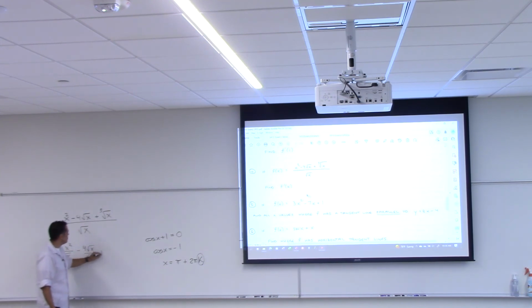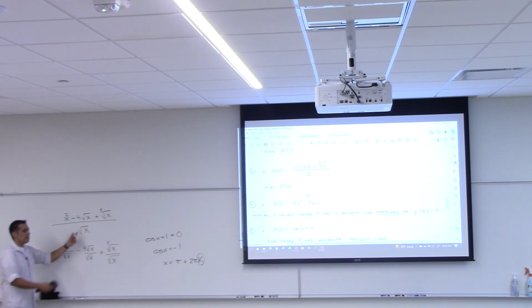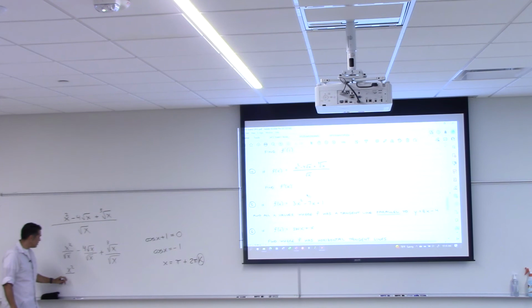You're allowed to do this only because you have a single term in the denominator, multiple terms in the numerator, so you can split this up. Then I would rewrite these as x to powers, so x squared over x to the half minus, these just cancel, don't they? That's just -4, okay.